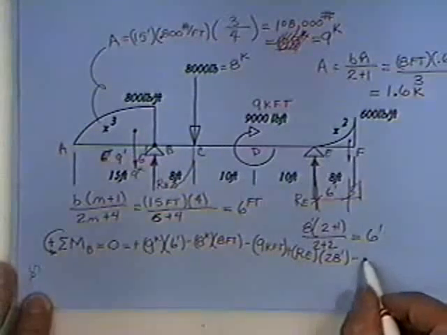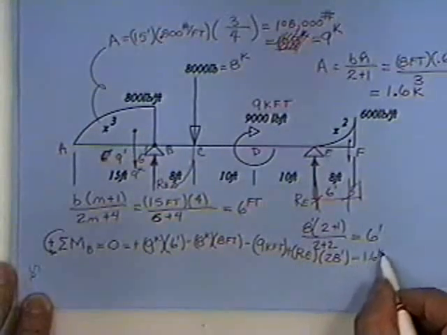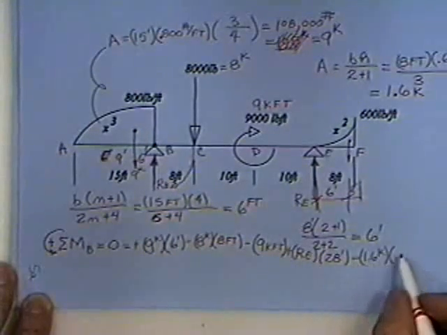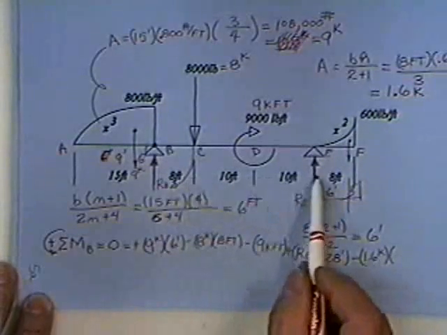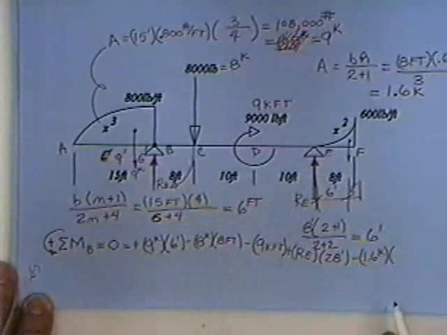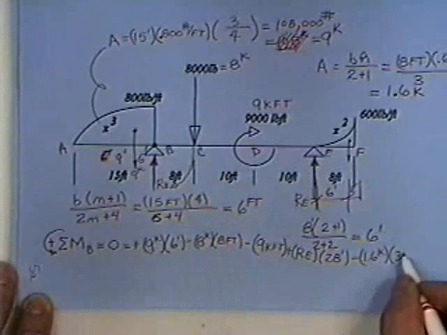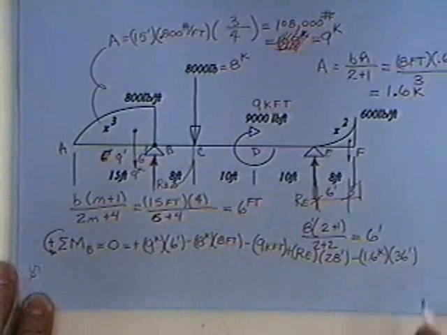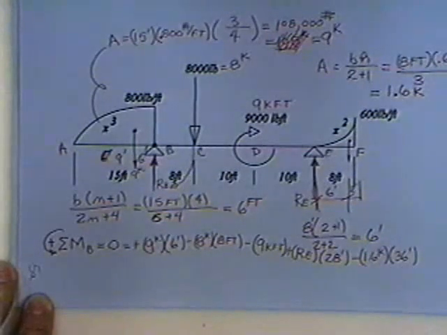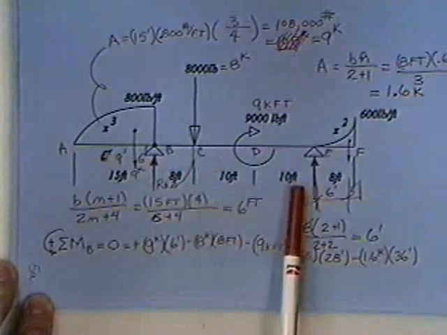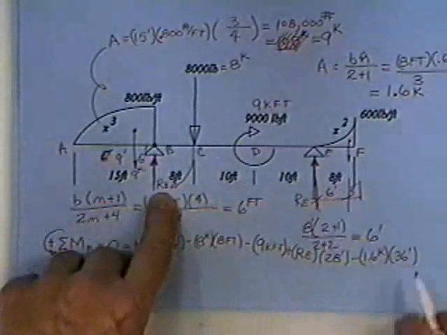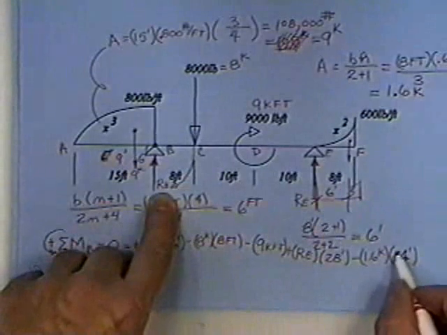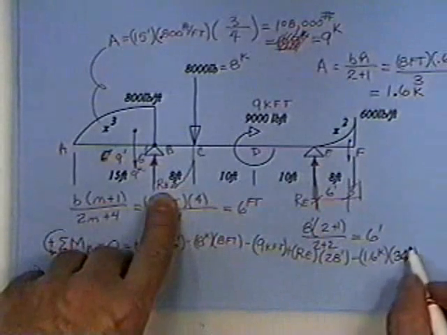And finally, minus 1.6 kips times his moment arm, 8 and 10 and 10 and 8, 36 feet. If somebody sees me make a mistake, holler at me. 10, 20, 30, 33.6. Ooh, ouch. Thank you.